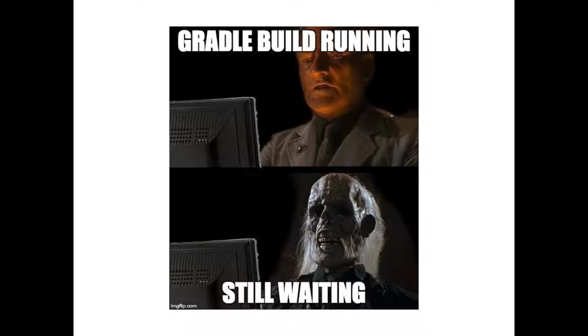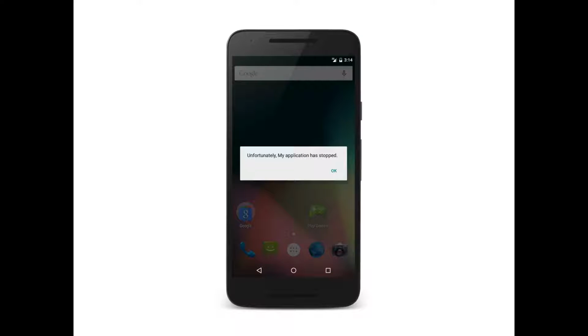The Gradle build is running, you wait, and then you get a message installing APK. And then, after some time, your application successfully installs. But actually, you get an exception, and you need to rerun the application. That wastes a lot of time, and you don't want to waste time waiting for your application to run.